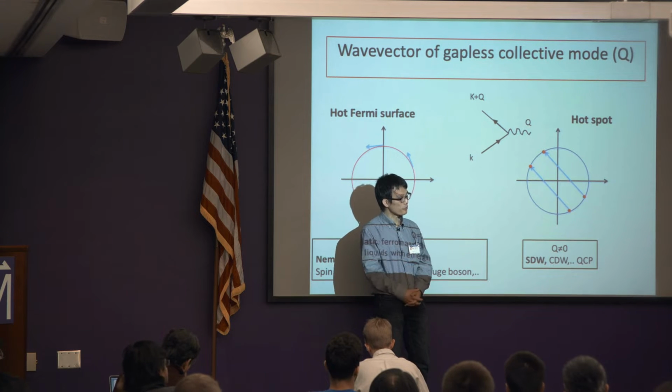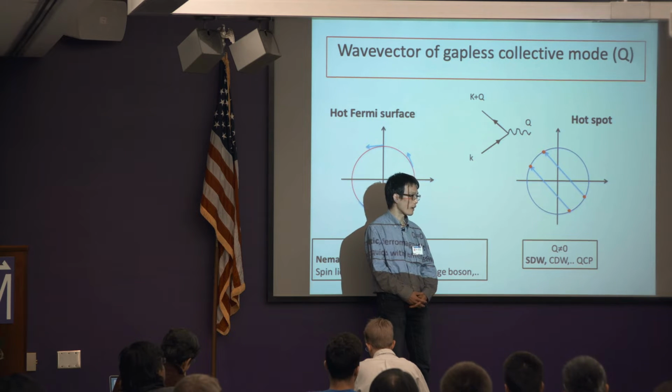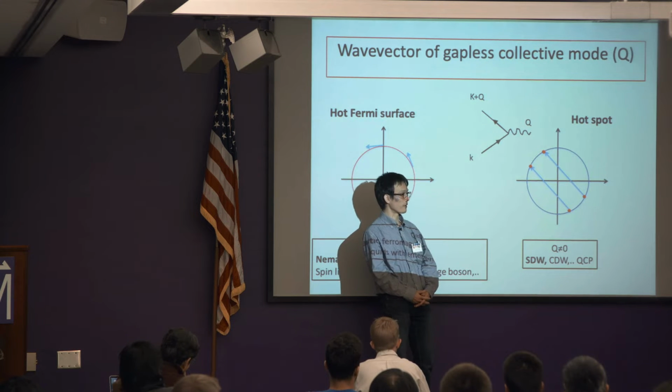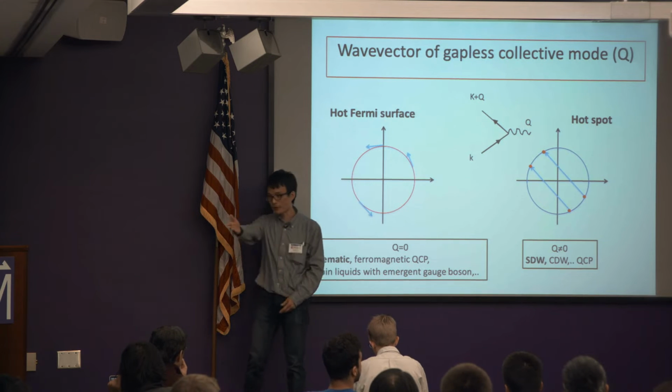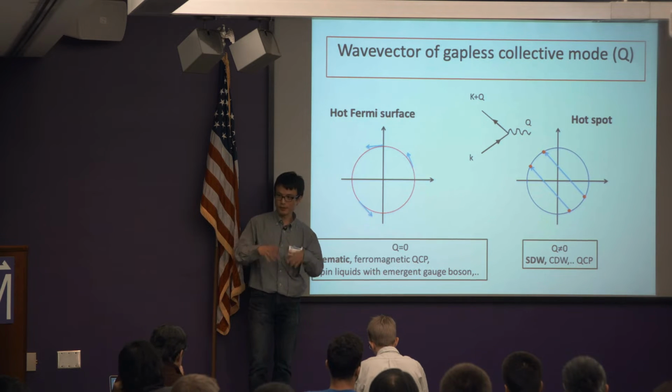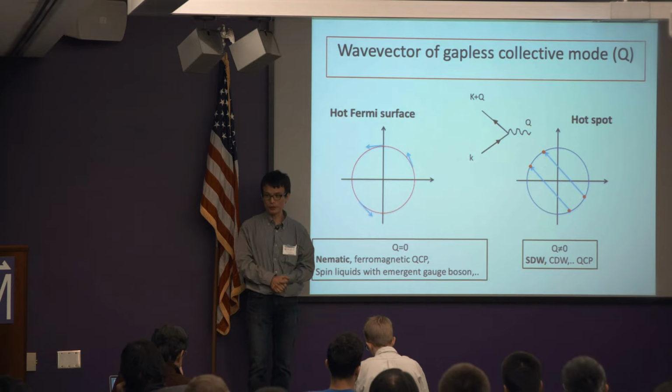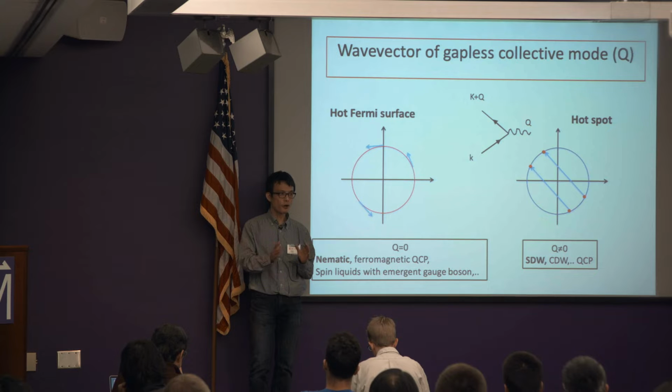So in that case, you will have to consider hot line theory instead of hotspot theory. But if you have a line node in 3 dimension, then the hotspot theory is okay. So the dimension of the Fermi surface is also important.